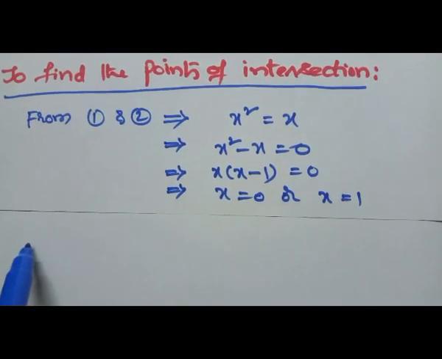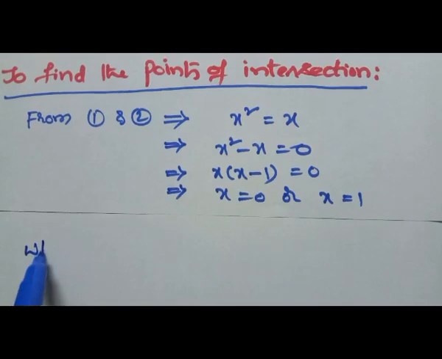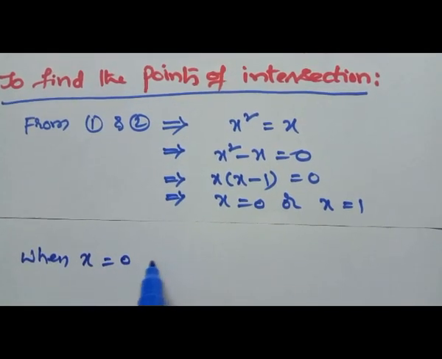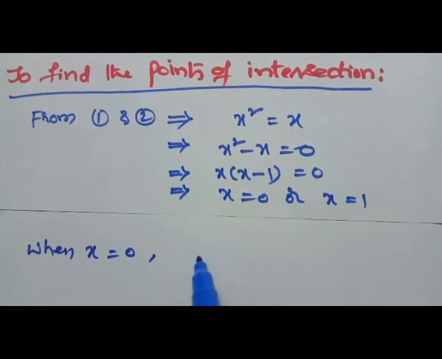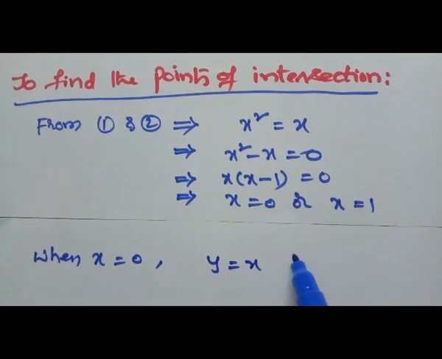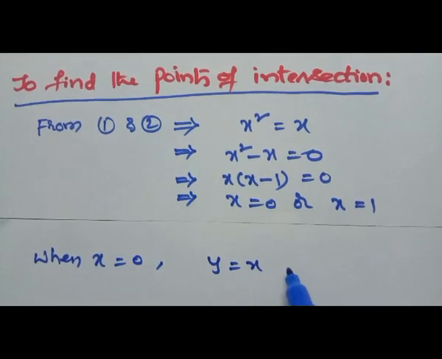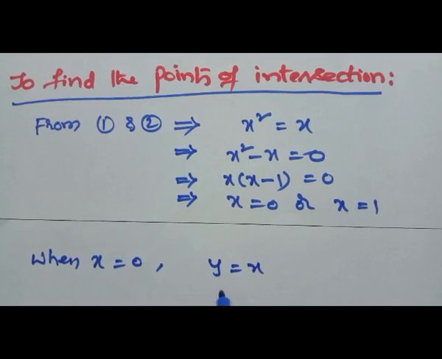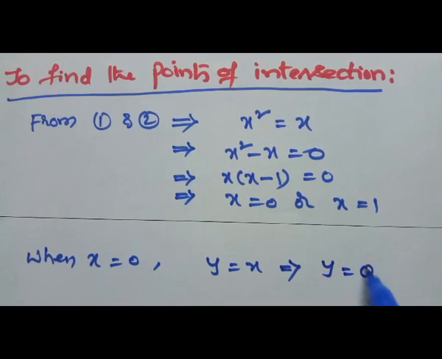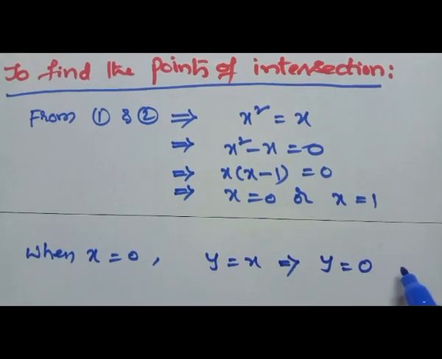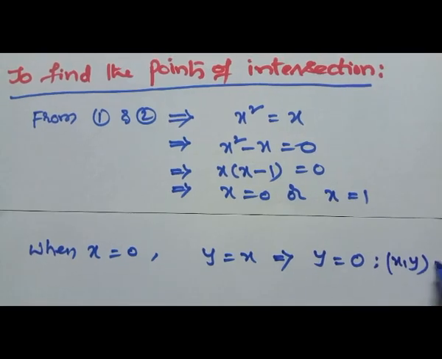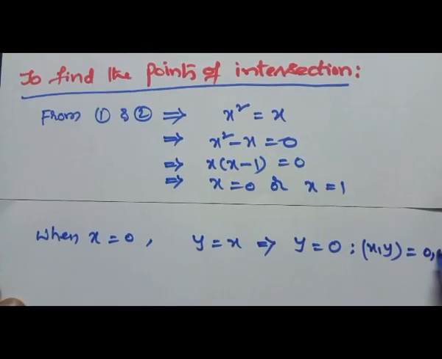Therefore when x is equal to 0, substituting x equal to 0 in the curve y equal to x, y is equal to 0. Therefore x comma y equal to 0 comma 0.